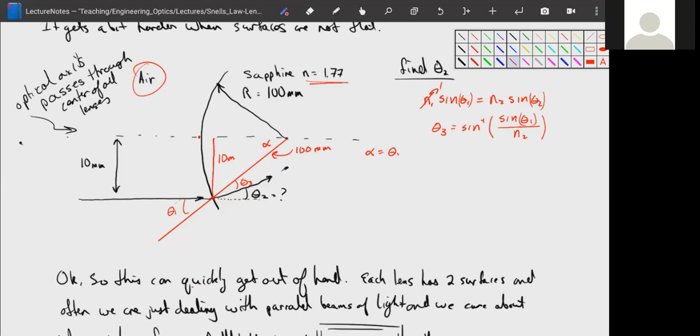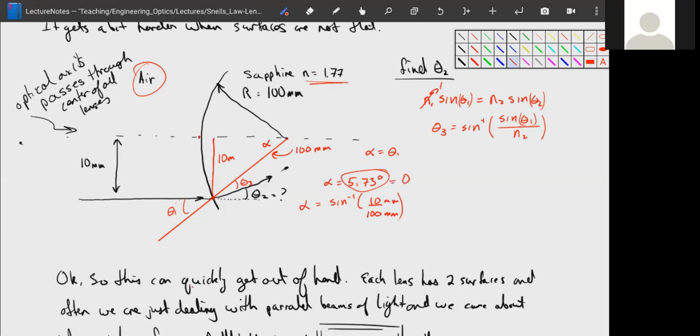So we can calculate alpha, and alpha is equal to 5.73 degrees, which is the sine inverse of 10 over 100 millimeters, since sine is opposite over hypotenuse. Yep, that's about right.